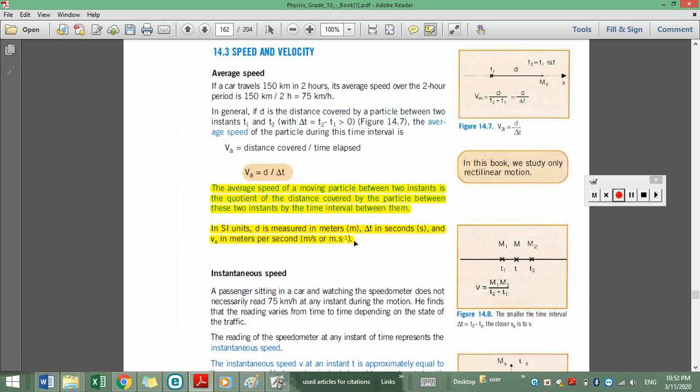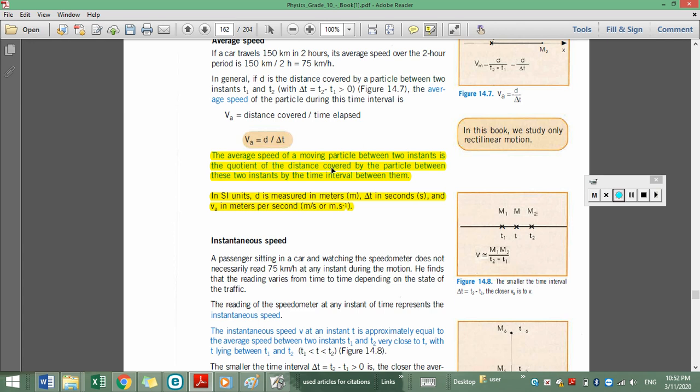We said that during the whole 2 hours the car traveled a total distance of 150 kilometers, so the car was moving at an average speed equal to 75 km per hour. But this doesn't mean that the car was moving at every instant at this speed.